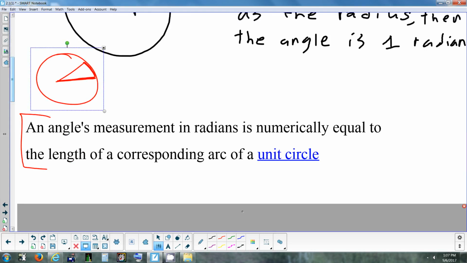So before we can kind of piece that together, the first thing we just want to make sure of is what's a unit circle? A unit circle is a circle with a certain radius. Does anybody know what the radius is in a unit circle? 1. Okay, so it's a circle with radius 1.